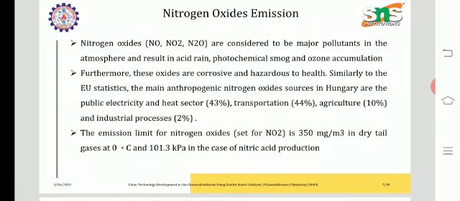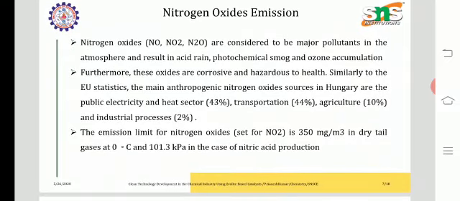Similarly, according to European Union statistics, the main anthropogenic, that is man-made, nitrogen oxide sources in Hungary are the public electricity and heat sector 43%, transportation 44%, agriculture 10%, and industrial processes 2%.